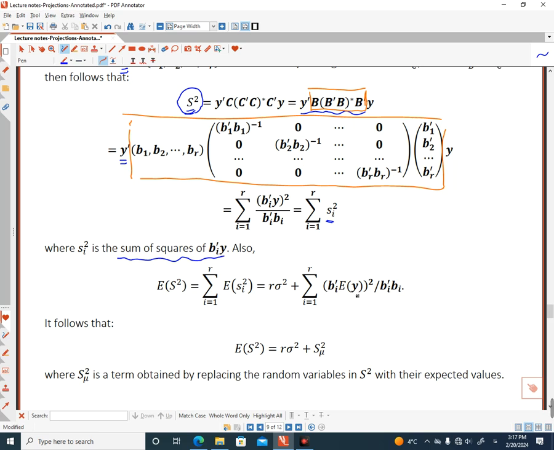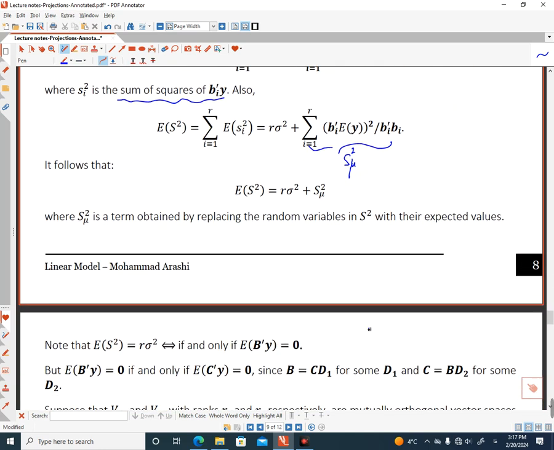If I represent it as S sub mu squared, then we will see that the expected value of S squared, which is the square length of the projection of Y onto the space, is equal to R sigma squared if and only if the expected value of B prime Y, or this term at the top, is equal to 0.